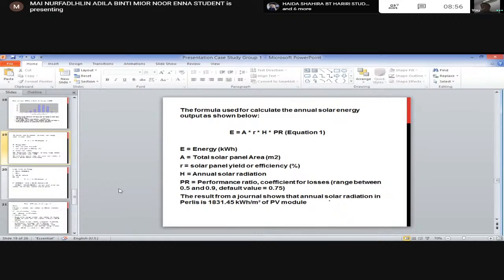From the journal, the annual solar radiation is 1,831.45 kilowatt hour per meter square, like what Izam said before.